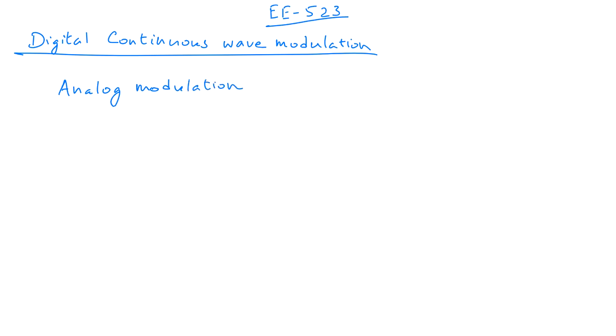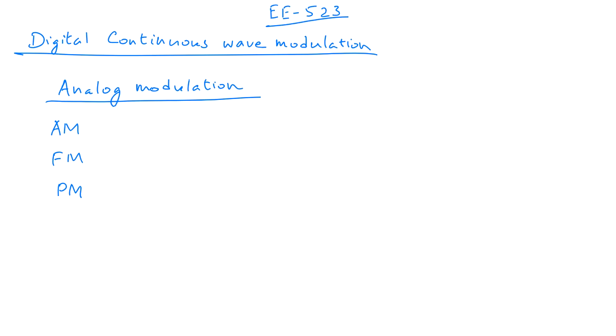In analog modulation, you have studied AM, FM, and PM. AM is amplitude modulation, FM is frequency modulation, and PM is phase modulation. You studied these in your communication systems course in level 7, I think. Now we are going to see the digital equivalent of this in this course, which is called digital modulation.